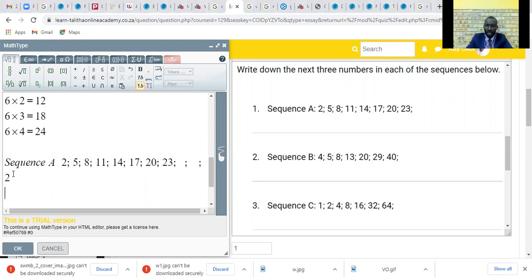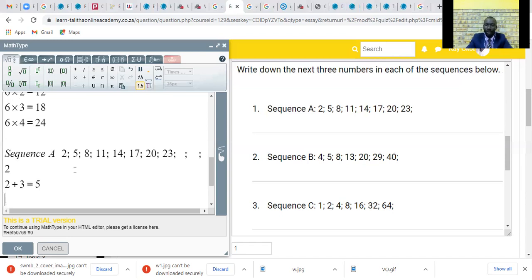Now, onto the first number, it looks like something was added because the next number is more than the first number. The next number is 5. So it looks like they added 3 onto 2 to get 5. Now let's see from 5.